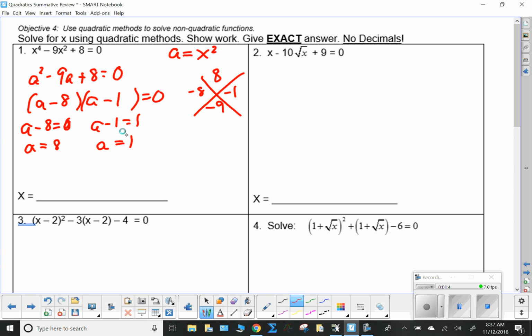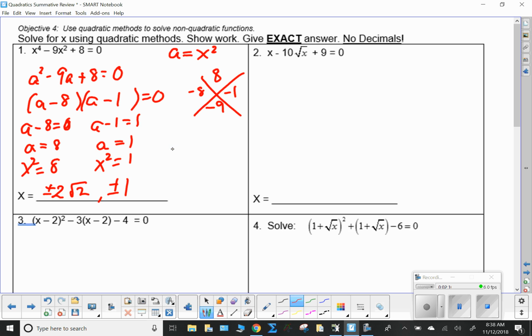Now, I can't leave it here. If you leave it here, you missed the bulk of it. Remember that the whole reason that you substituted was to make the problem easier. Now we've got to substitute back. So x squared is equal to 8, and then x squared is equal to 1. Taking the square root of both sides, I get plus or minus 2 square root of 2, and plus or minus 1.